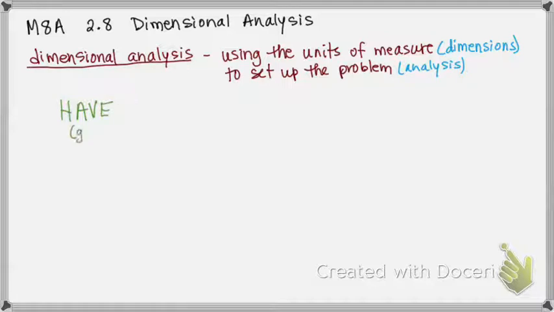That's what you're given. And we're going to set it up always as a multiplication problem. Times what you need. And those are going to be your conversion factors. And these are going to be written as fractions.